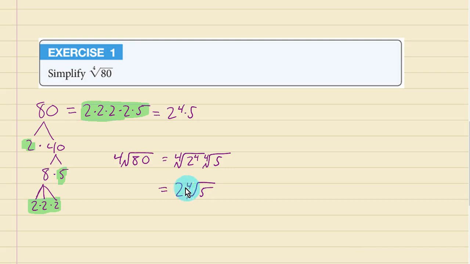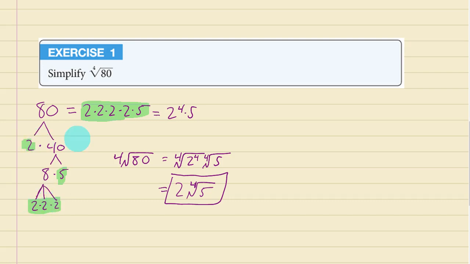Here's what I did. I got 2 times the fourth root of 5. By the way, make sure it doesn't look like 2 to the 4th power, because that's a different thing, of course. Anyways, I noticed that 80 is 2 times 40. I stopped with a 2 because that's a prime number, but then 40 is 8 times 5, and 8 is 2 times 2 times 2.